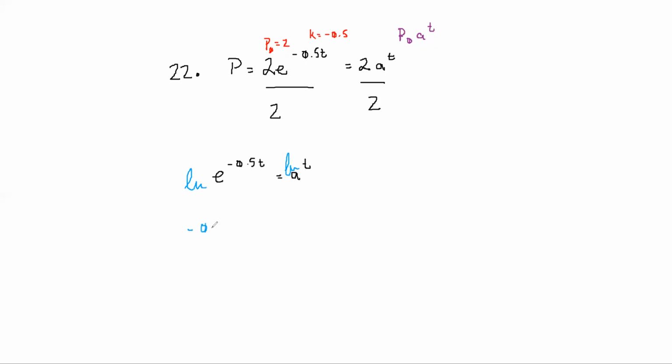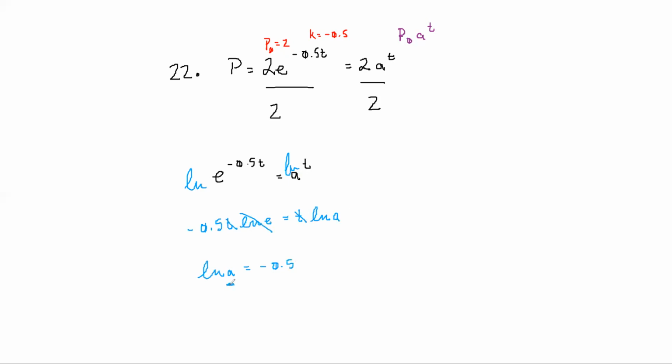So negative 0.5 t ln e is equal to t ln a. Cancel out those t's. Don't need that. So I know that the natural log of a is equal to negative 0.5.